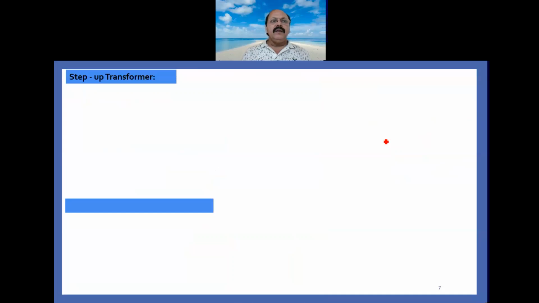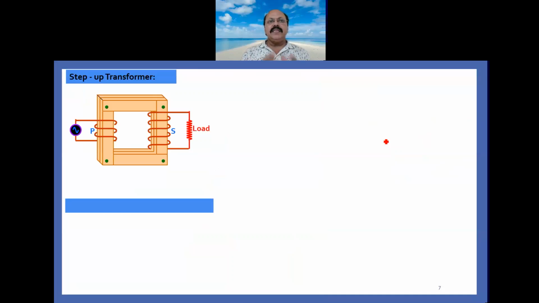Now how you can represent a step up transformer, means how you can draw the diagram, and what are its conditions, that we already discussed. Again you can see that for step up transformer, the number of turns in the secondary coil must be greater than the number of turns in the primary coil. So you can see in the diagram the number of turns in the secondary coil are more than the number of turns in the primary coil.